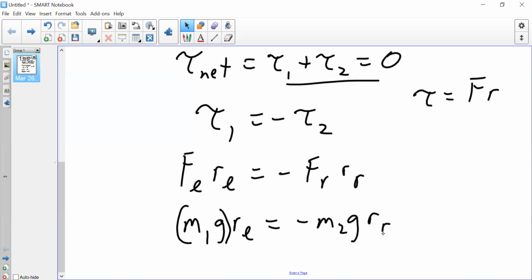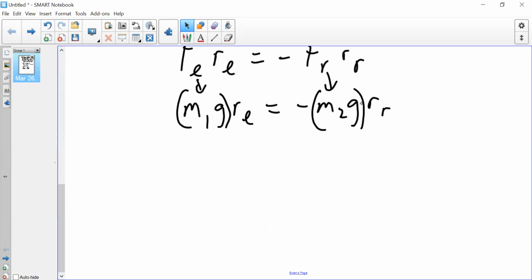The pivot's going to be generally in the middle. The term on the right-hand side is the distance of the mass on the right side of the pivot, and the term on the left is the distance of the mass to the left side of the pivot. Again, this term here is your force. This is what is known as your weight, as we have seen many times before.